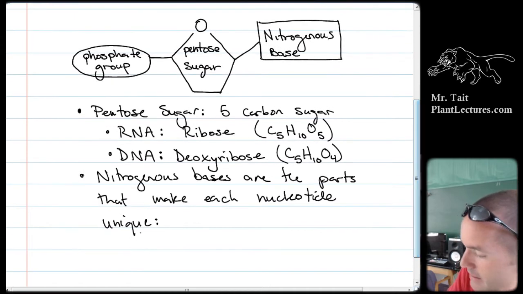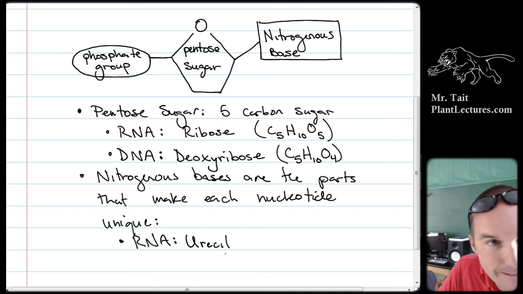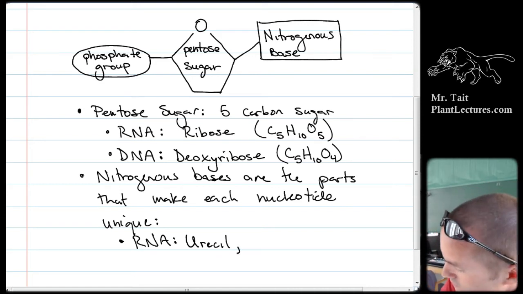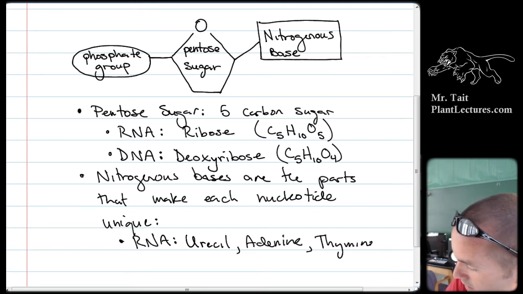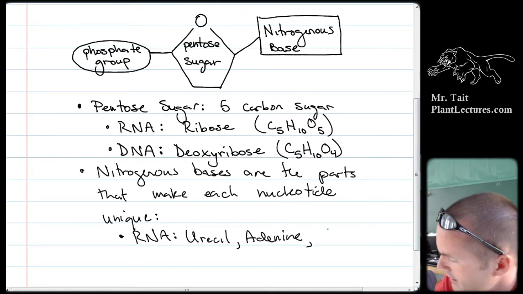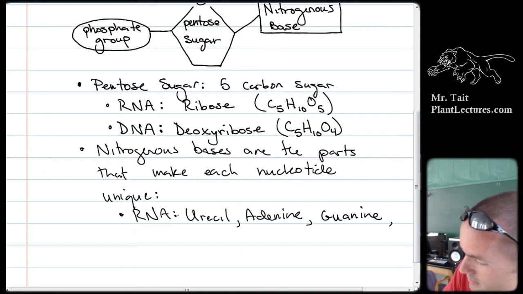Okay, so the names of the nitrogenous bases in RNA are uracil, adenine, guanine, and cytosine.